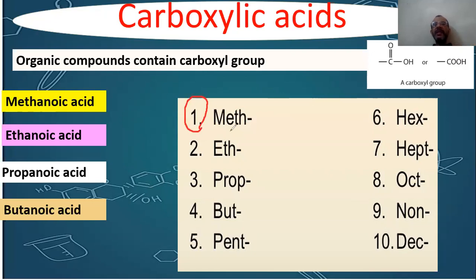We add oic, so: methanoic, ethanoic, propanoic, butanoic, pentanoic, hexanoic, hep, and so on, decanoic, and so on. So that's for the organic acid.